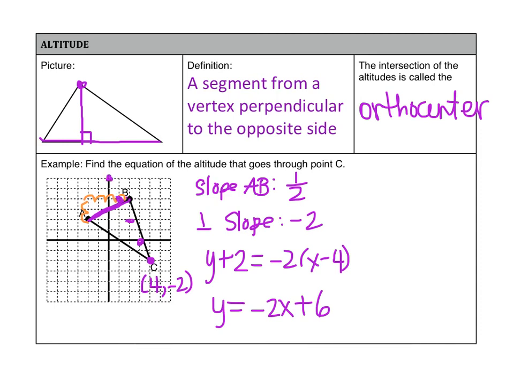And we find the y-intercept of 6. When I draw my line, I do have a right angle with segment AB, and that means the equation of the altitude through point C is y equals negative 2x plus 6. As before, we can find the other two altitudes, and the intersection is called the orthocenter.